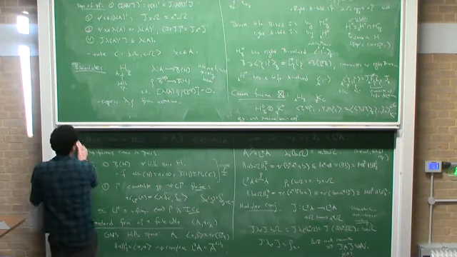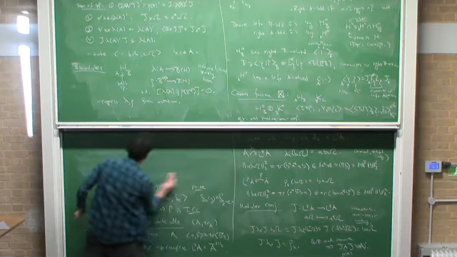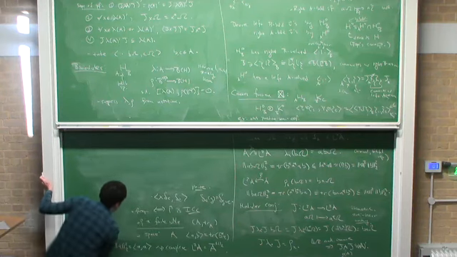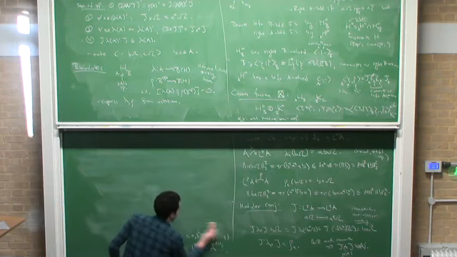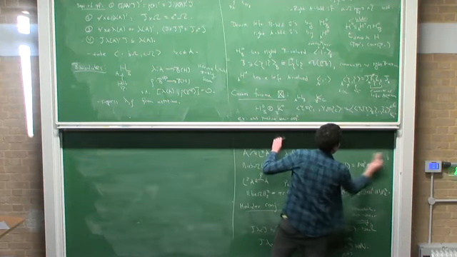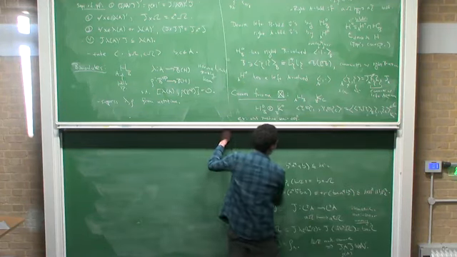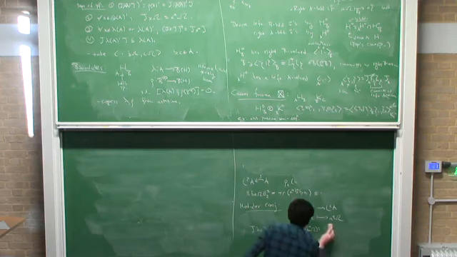Okay. So now, since you have this positive semi-definite sesquilinear form, I can complete it to get a Hilbert space. I have to quotient out by the length 0 vectors, which is just something you do.